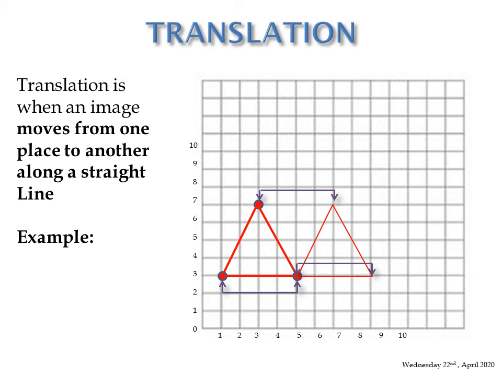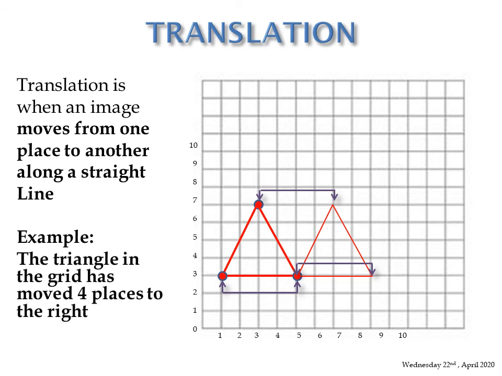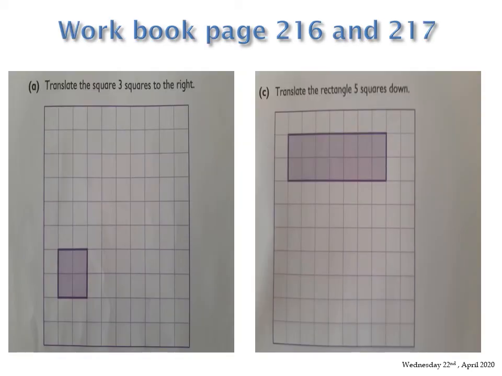So now let's give an instruction for this shape. We can say the triangle in the grid has moved by 4 places to the right, because you can see the interval between each point is 4 boxes. So it has moved 4 places and it moved to the right hand side.